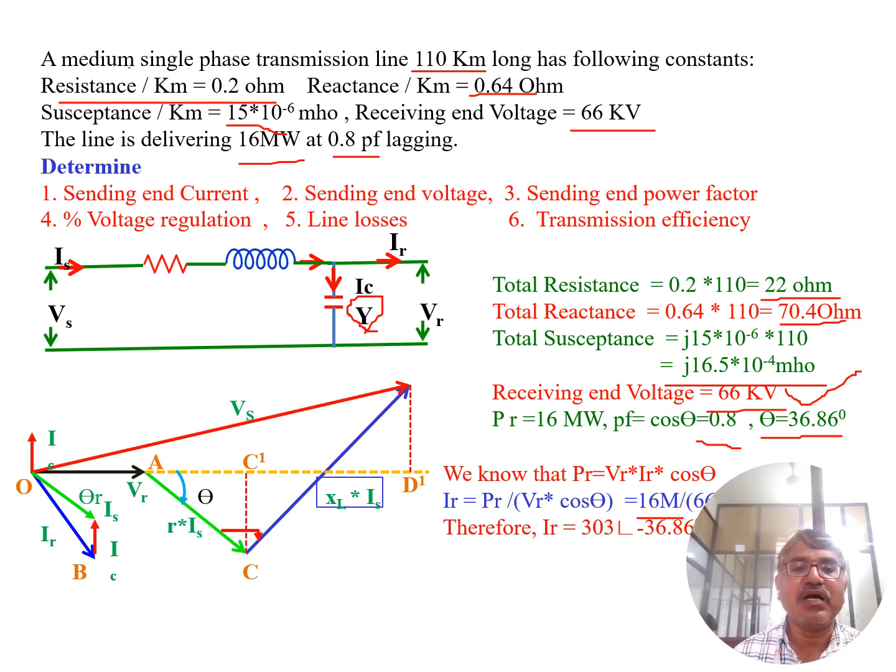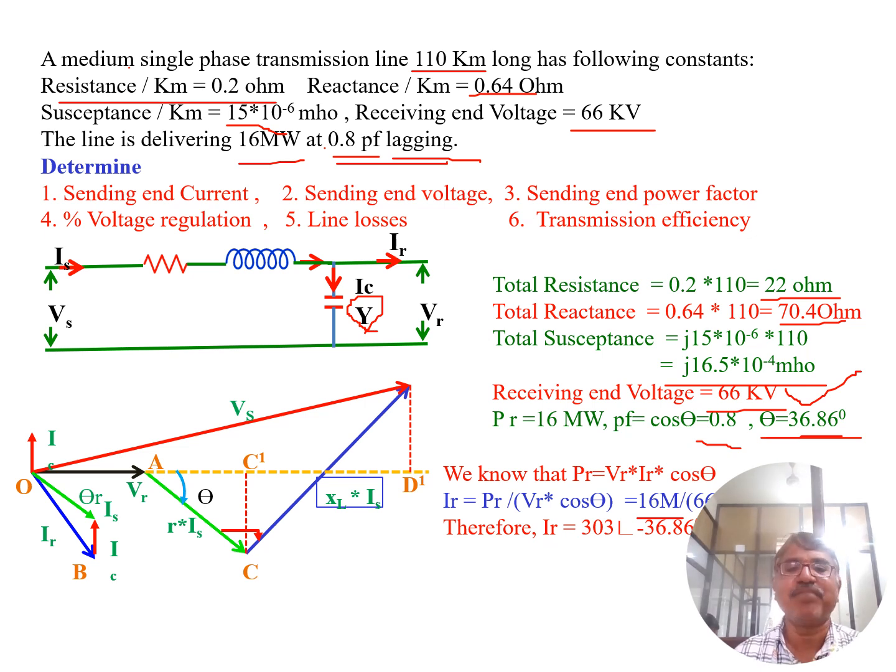But as per the given data, it is operating at 0.8 power factor lagging. From that the angle is determined as 36.86, and it is lagging. For a leading angle we represent it as plus of that angle, but here it is lagging, that's why it is represented as minus 36.86.